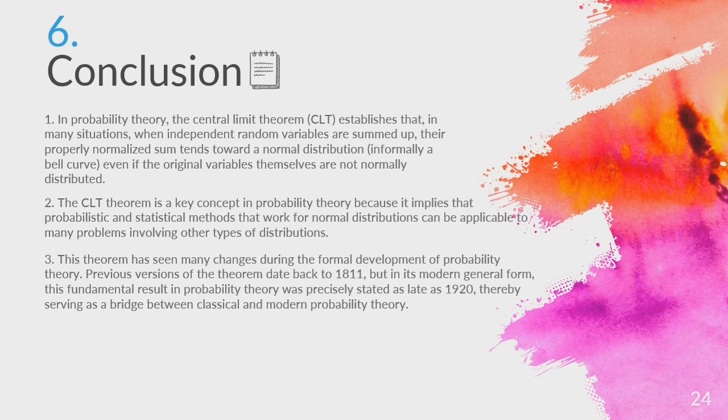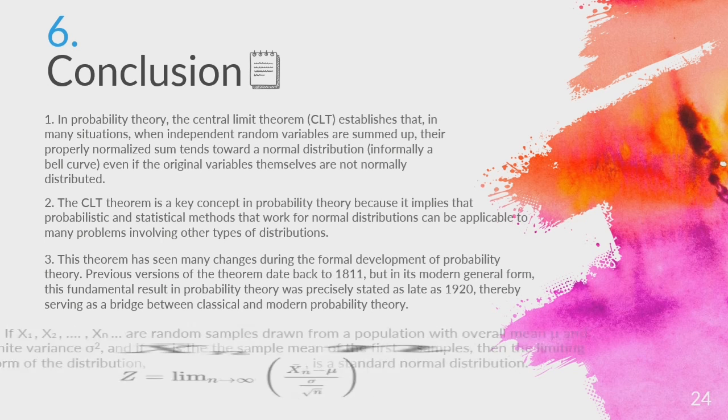Thirdly, this theorem has seen many changes during the formal development of probability theory. Previous versions of the theorem date back to 1811, but in its modern general form, this fundamental result in probability theory was precisely stated as late as 1920, thereby serving as a bridge between classical and modern probability theory.